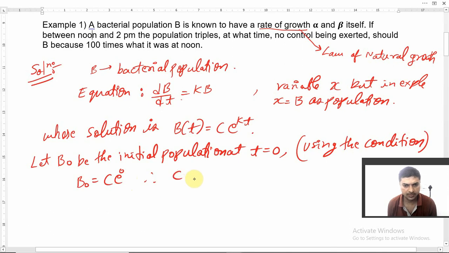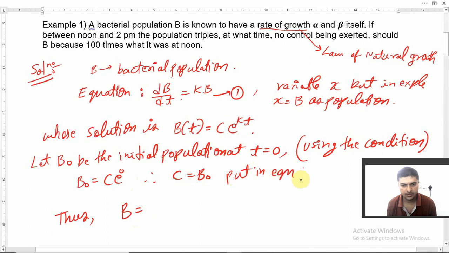Therefore you can easily find c is equal to b naught. Thus now I am going to get the equation, students, substitute in equation 1. So put in equation 1, we get the solution. This is very simple. b is equal to b naught e raised to kt.